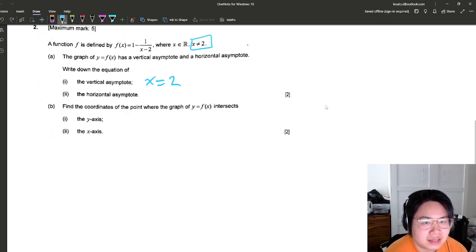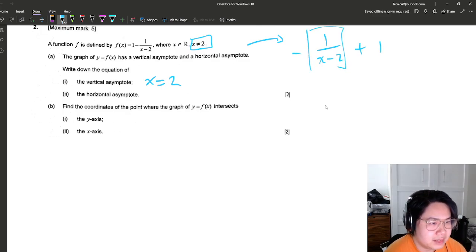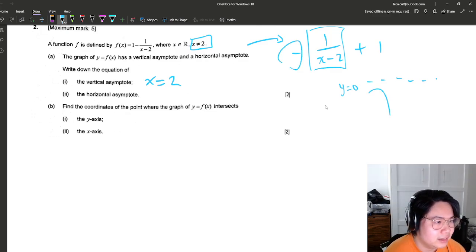The horizontal asymptote. So I'm just going to rearrange the function. The main part is this, and this normally has a horizontal asymptote at 0. And then there's a vertical reflection that happens. So normally it goes like that, but then it will look like this.